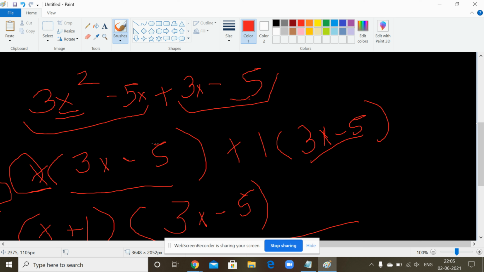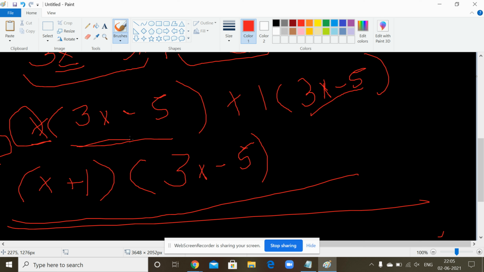In x square one x will be removed but the other x will be there. So 3x and minus 5x remain in the bracket. In the other pair, 5 is not a multiple of x, so we can't take x as common. Here 1 will be common, as when nothing is common we take 1. So we write 3x minus 5.